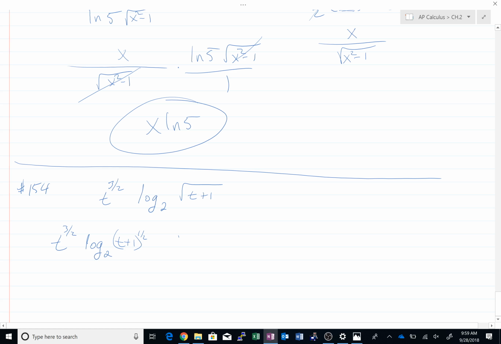My a is 2, my u is t plus 1 to the 1/2. So it's u prime over ln of a times u. I need to find u prime here. That's going to be 1/2 times t plus 1 to the negative 1/2 times 1, because the derivative of t plus 1 is just 1. Cleaning that up, that is 1 over 2 times the square root of t plus 1.